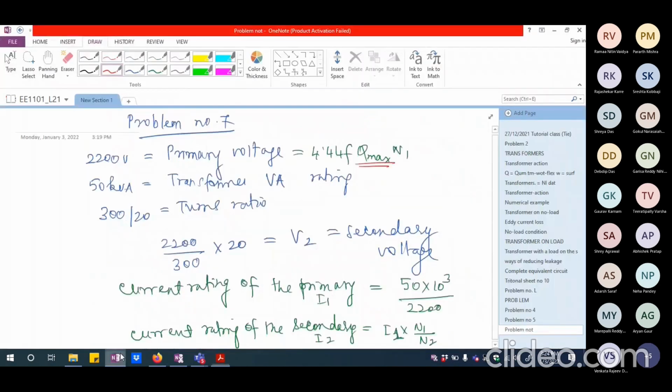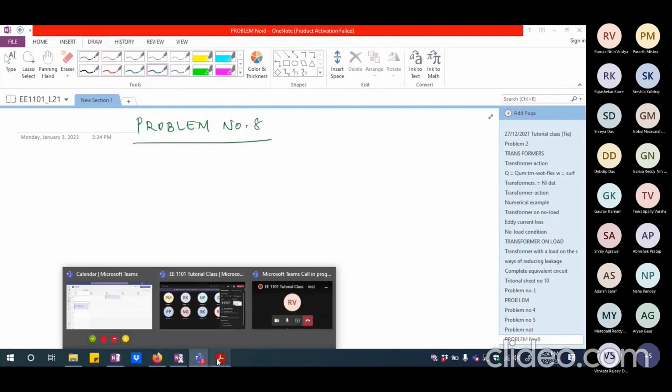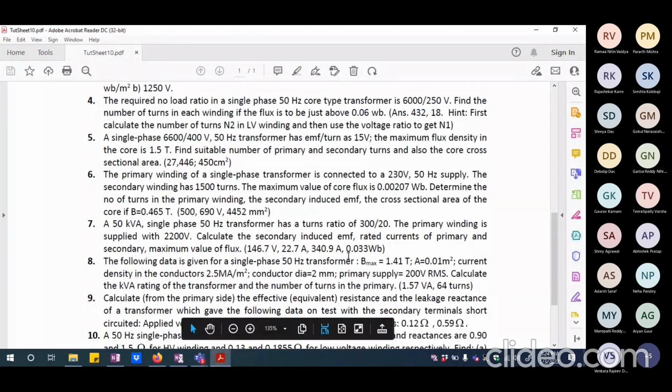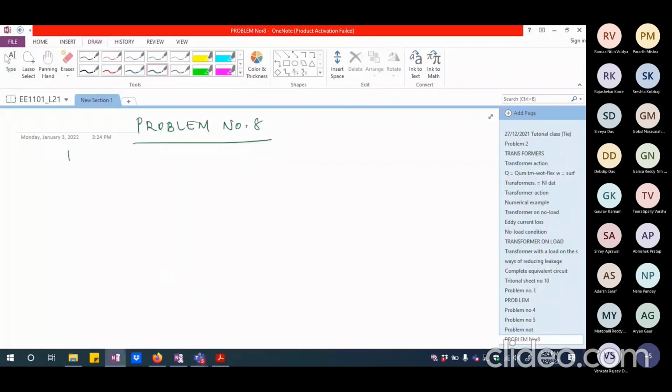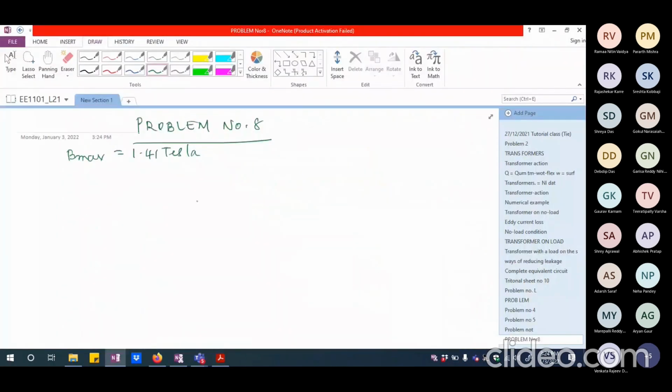So let me first of all write down the data. It is said that B max is 1.41 Tesla. And area of cross section of the core is 0.01 meter square.